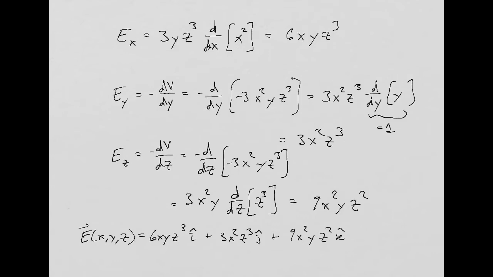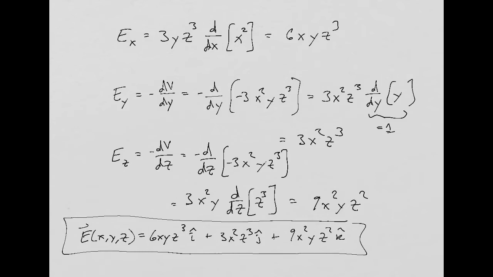That equation gives you the electric field vector at every point in this region. If I gave you an x, y, and z coordinate, like maybe I say x equals 0.1, y equals 0.1, z equals 0.1 meter, you could plug them into this equation and get a numerical value for the electric field.